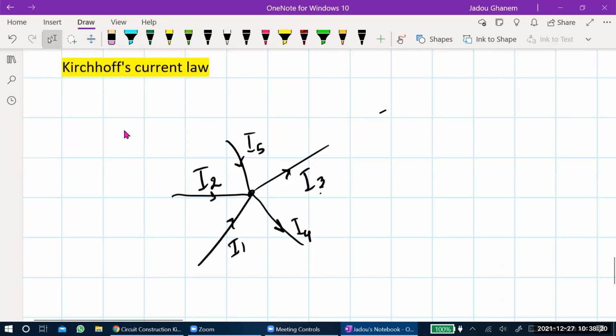So here, if you want to apply Kirchhoff's law, it will say the sum of the currents entering will be equal to the sum of the currents leaving. Okay, I'll call this entering, entering a circuit or entering a node. A node, okay.